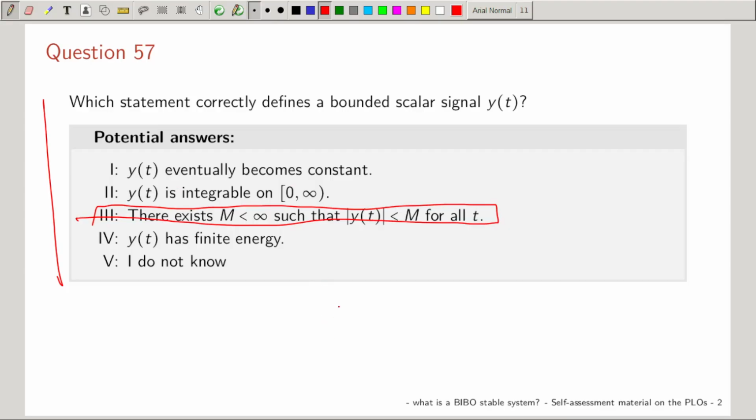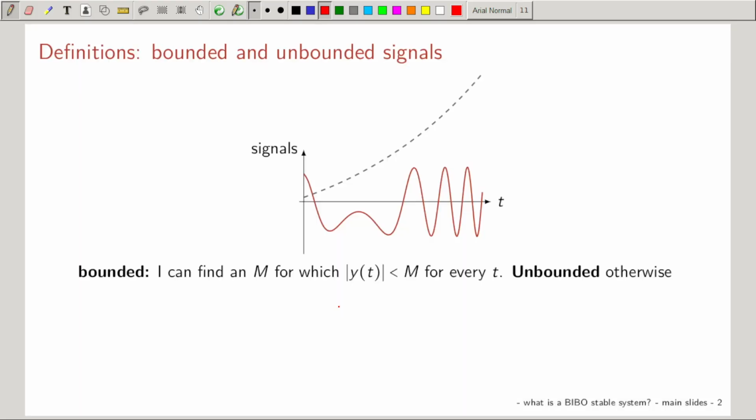True? Let's go graphically. This signal here in time is bounded. This signal here in time is unbounded. True? Bounded means I'm able to find an M such that for every time I stay inside this tube.